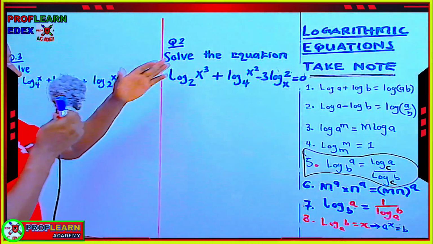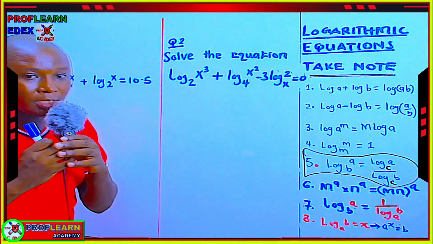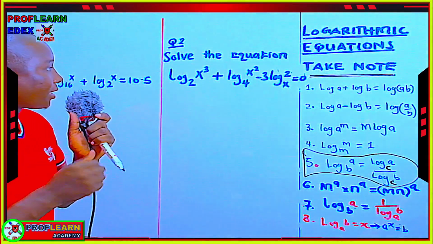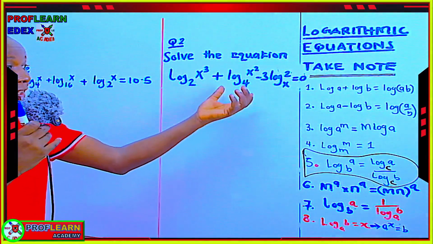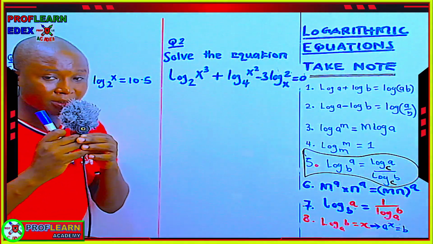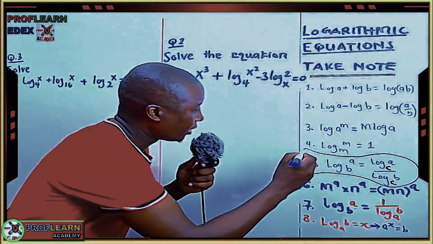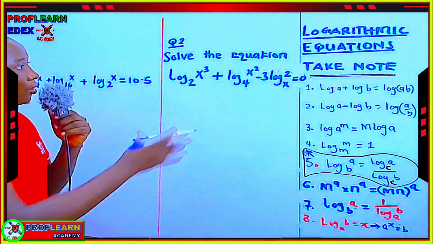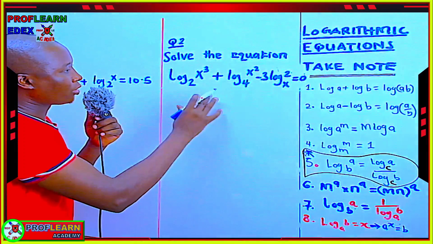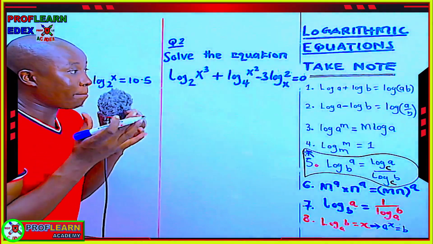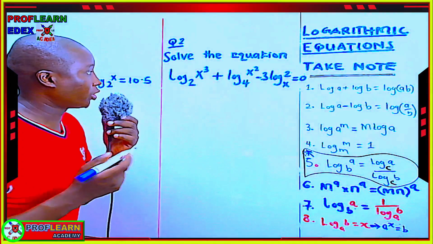Now, looking at these two questions, we can see vividly that they have different bases. So you really have to master rule number 5. In order to work this out, we are going to express everything to the base of 2 so that we can solve this equation.